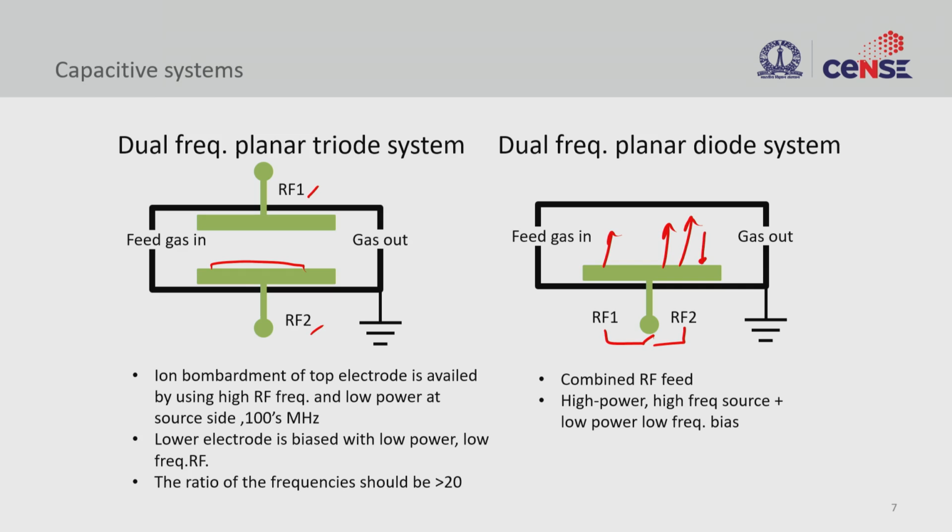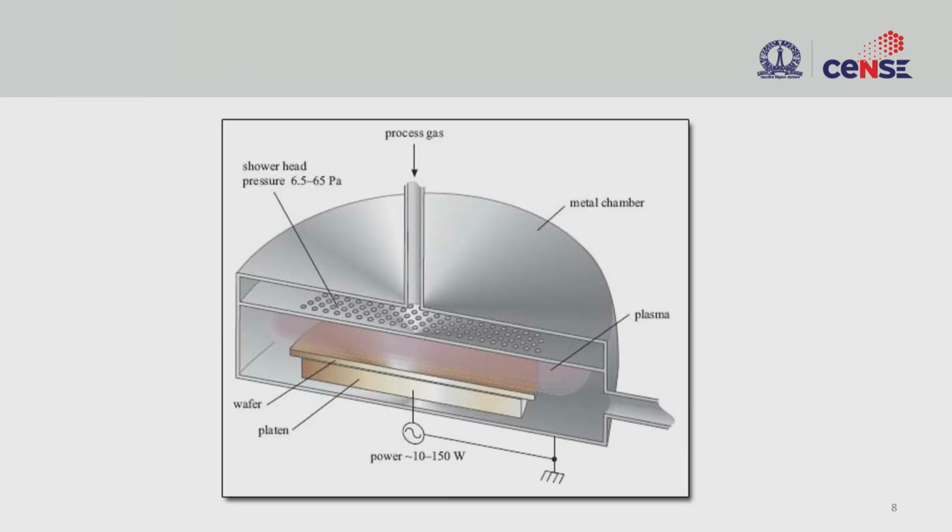In one cycle you will feed the energy, in the next cycle you reduce the ion energies and you only take the radicals into the system for etching. So it's a combination of RF feed which was also popular, that can avoid all these sputtering issues as well. And now we have a single electrode with two frequencies.